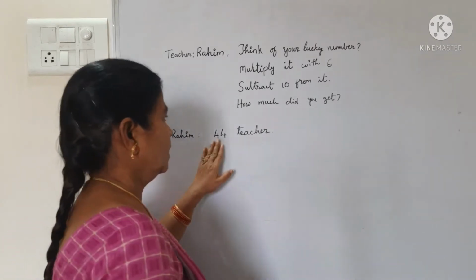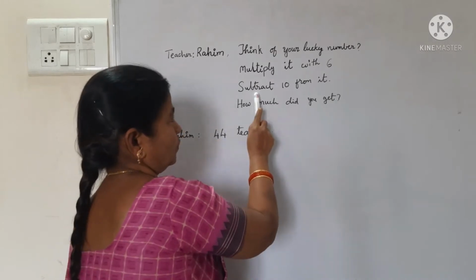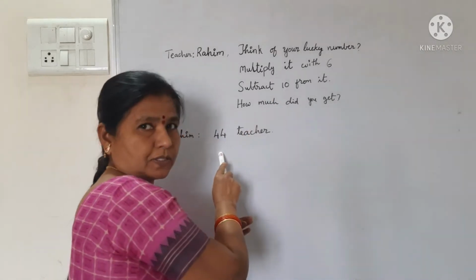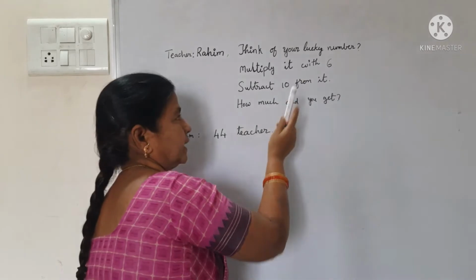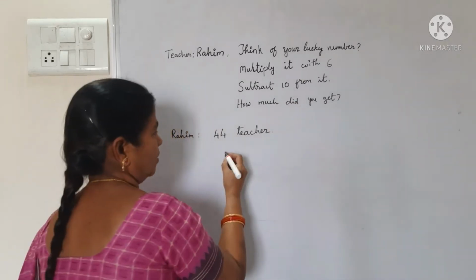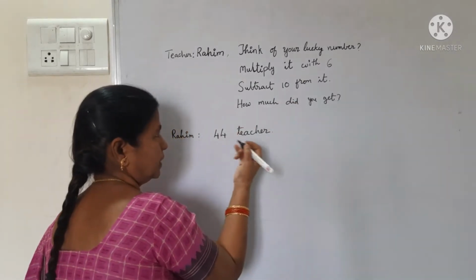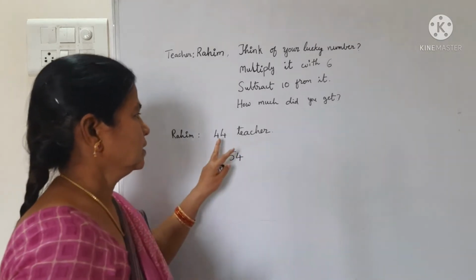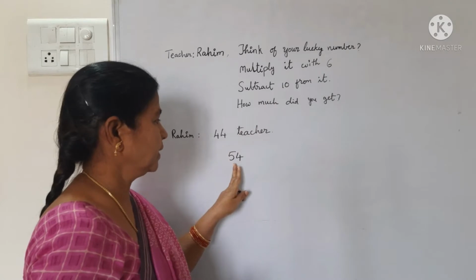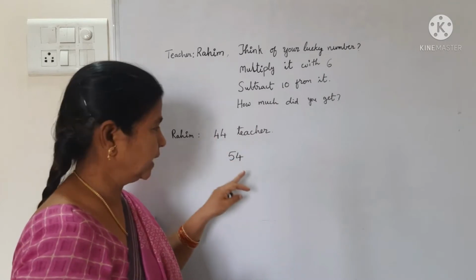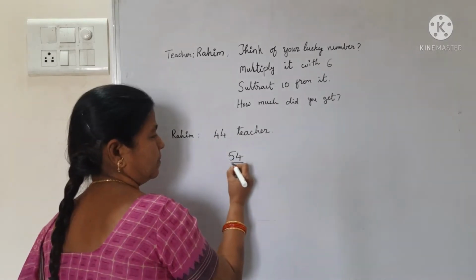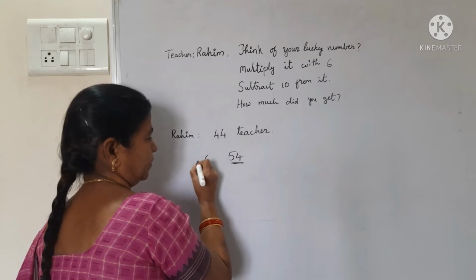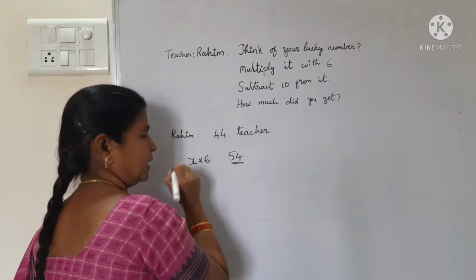See here, 44. He got this answer after subtracting 10. So before subtracting 10, what will be the answer? Before subtracting 10, he might have got 54. And how did he get this number? Multiply it with 6.